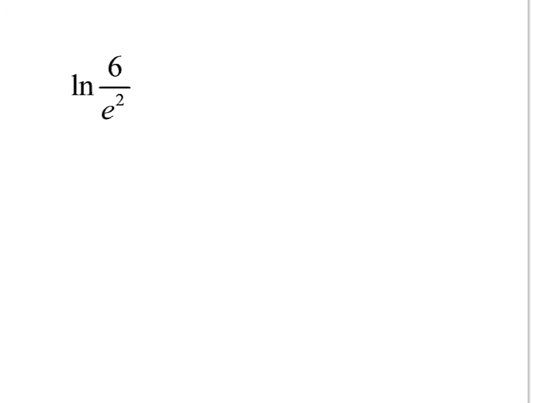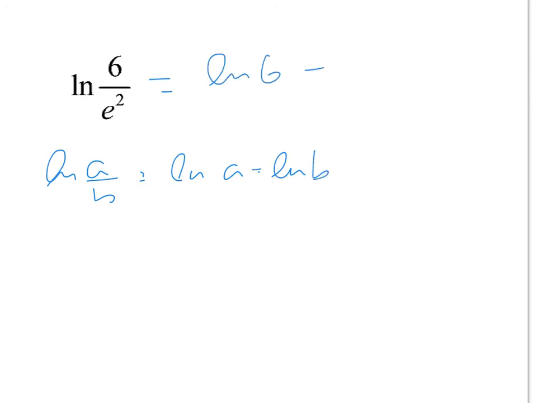If we look at this one, we have the natural log of a quotient. So using the rule, ln of A over B is equal to ln A minus ln B, I'm going to write this as ln 6 minus ln e squared. I'm now going to use my rule where I can bring an exponent down in front.